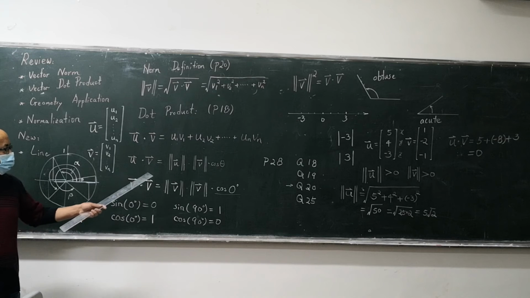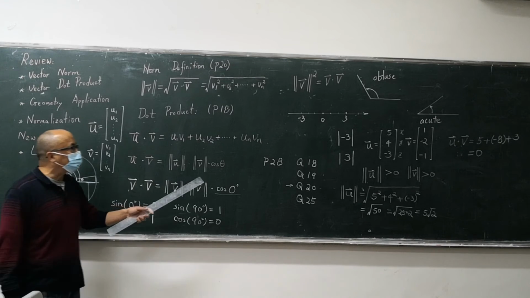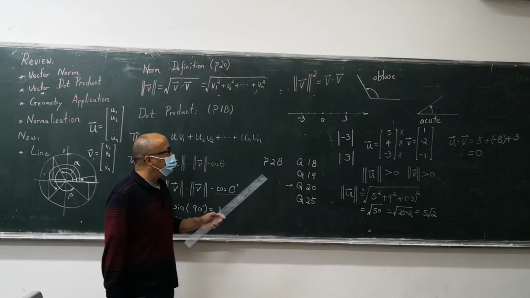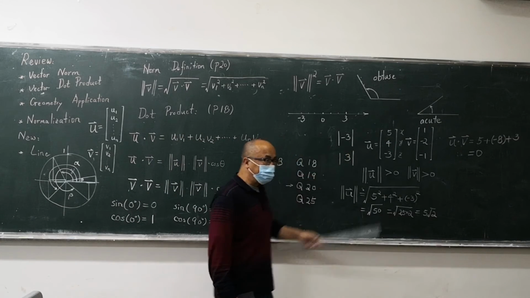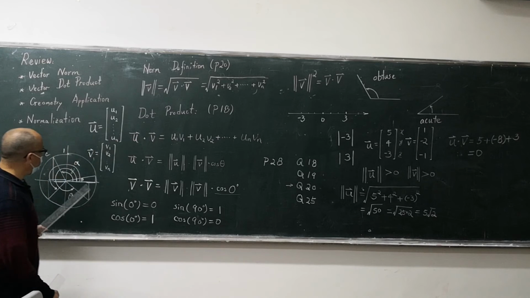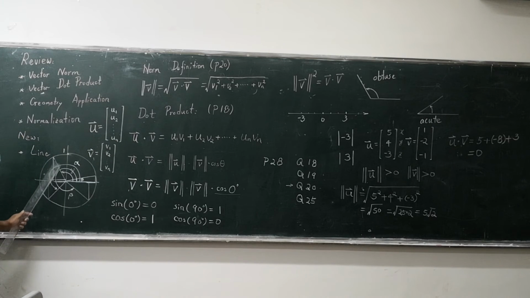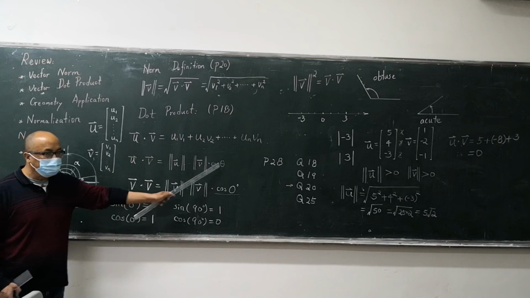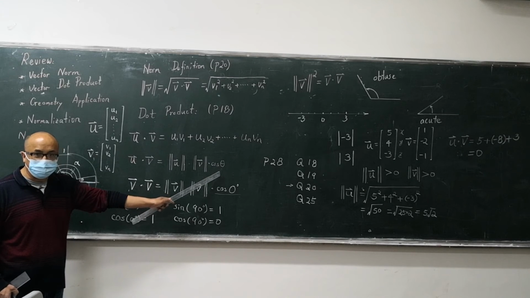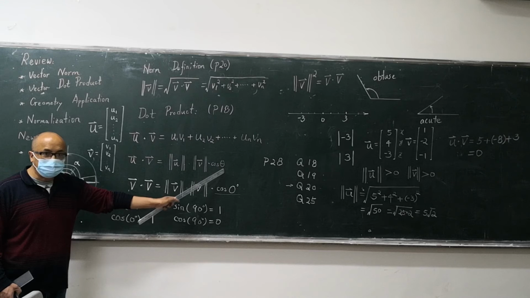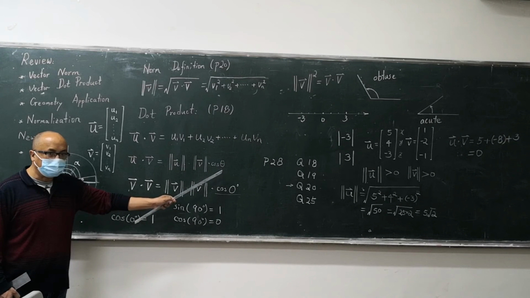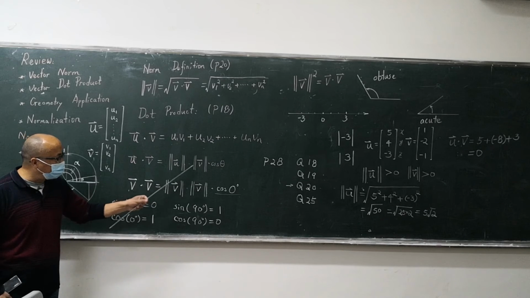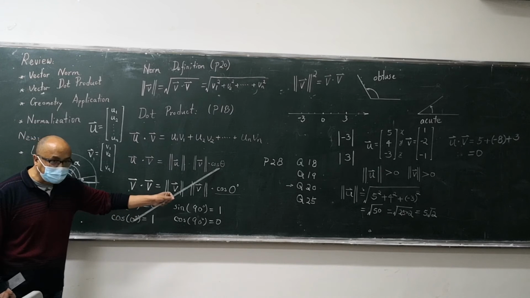And so how to tell whether theta is less than 90 or greater than 90 degrees? Fortunately, if it's greater than 90 degrees, then the cosine is negative. This is positive, this is positive, this is negative.